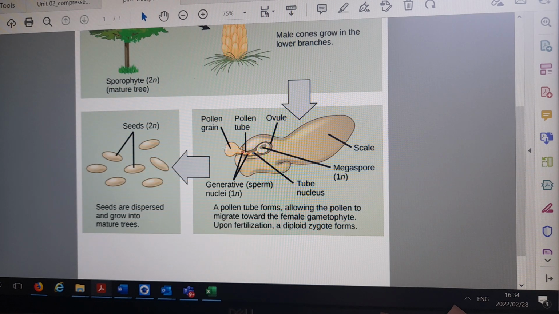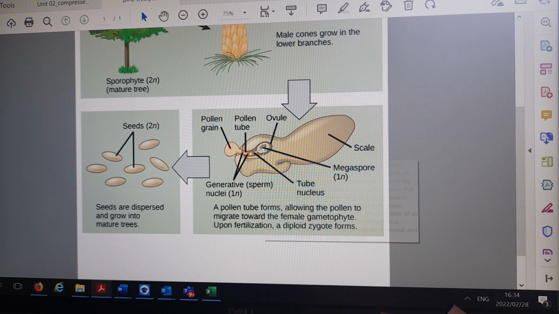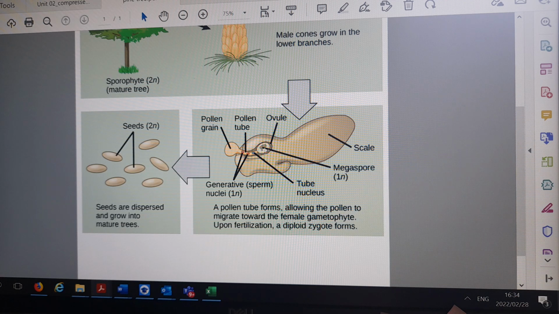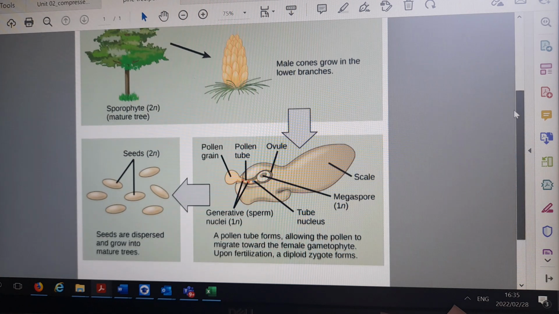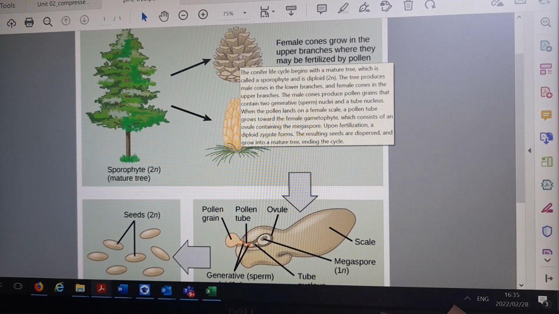The seeds will be lying there, and the female cone will open, and the pollen will get in and fertilize the seeds inside the female. Once the seeds on the female are fertilized and matured, the cone will open up and the seeds will fall out again, and it will look like that.